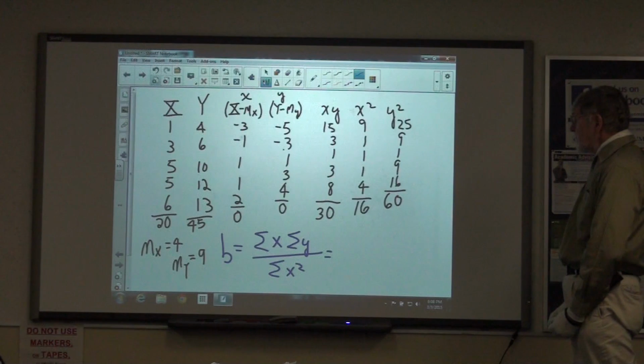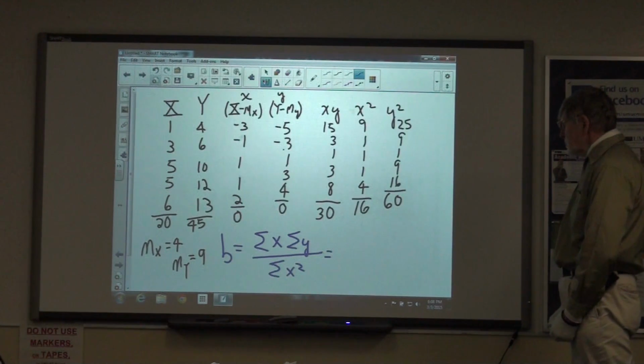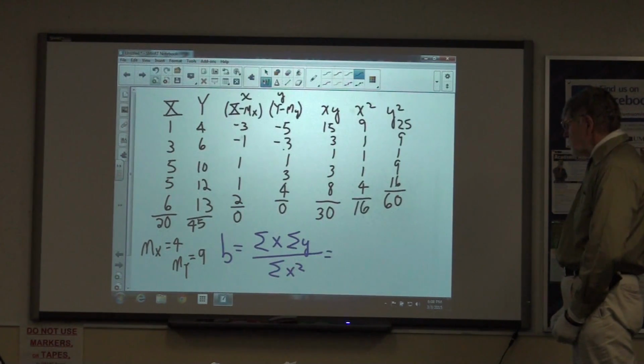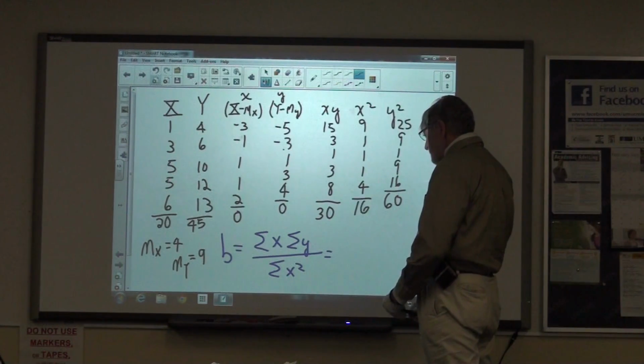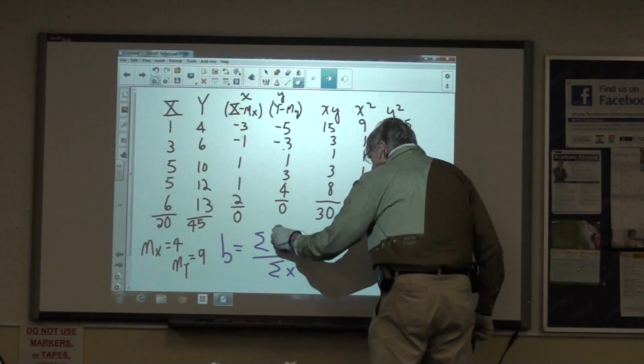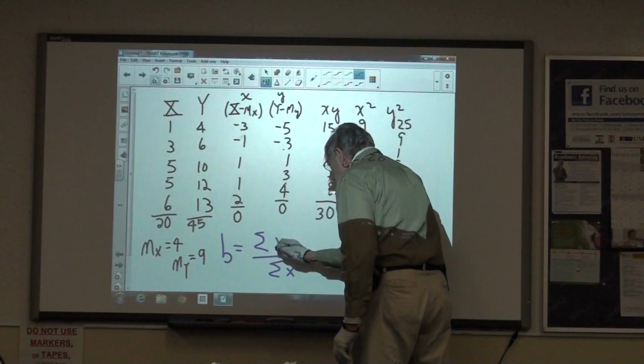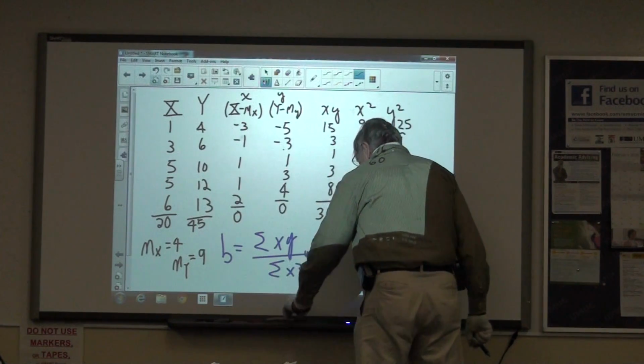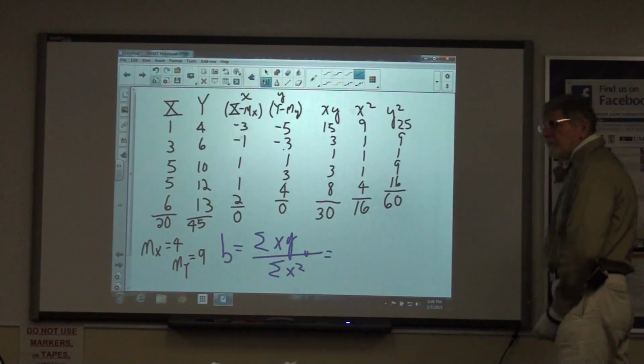And remember, these are lowercase. Summation of x times y, over the summation of x squared, gives you the slope.